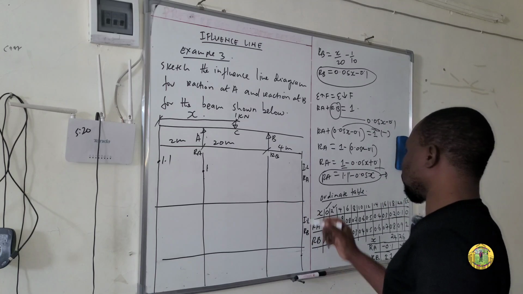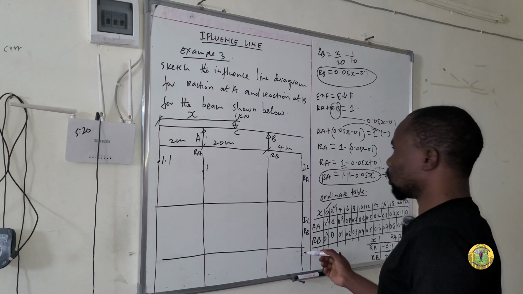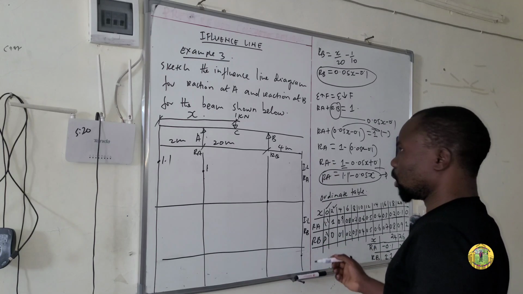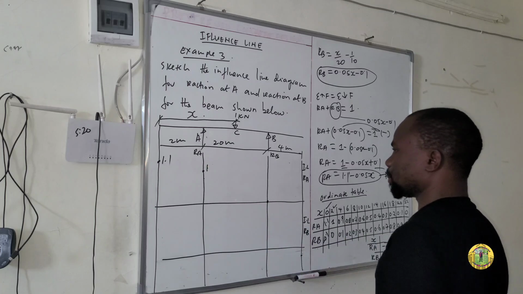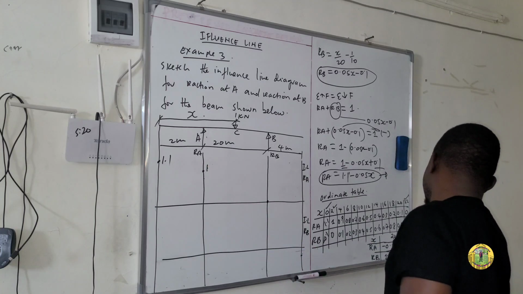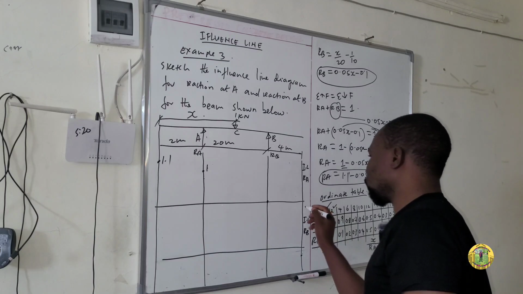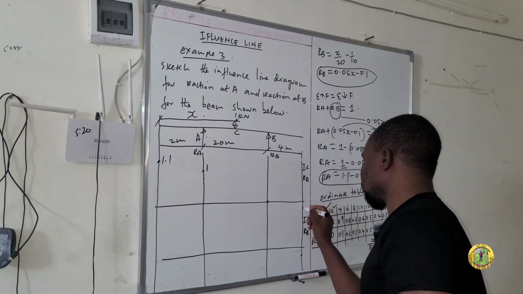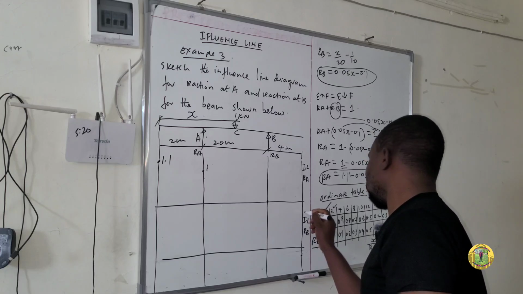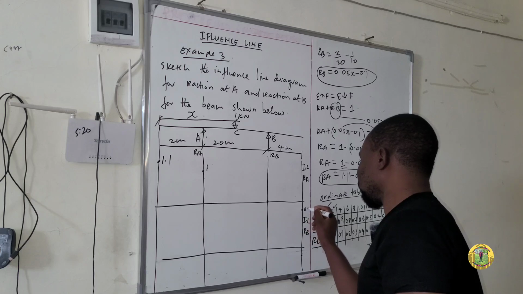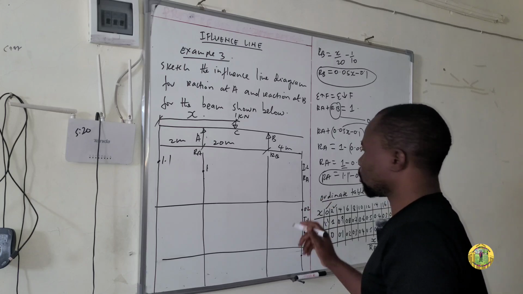And then another one is at 26. 2 plus 20, that is 22, plus 4, 26. So at 26 is negative 0.2. So we assume it is at this point negative 0.2. So 0.2, it is below this baseline.